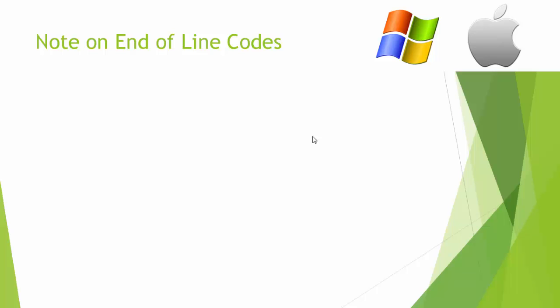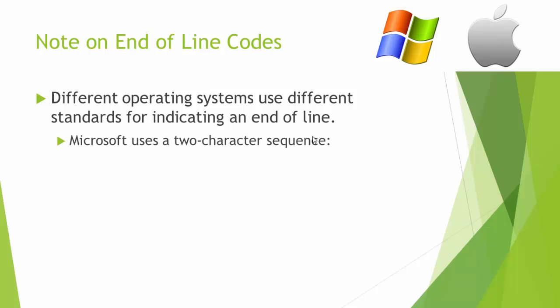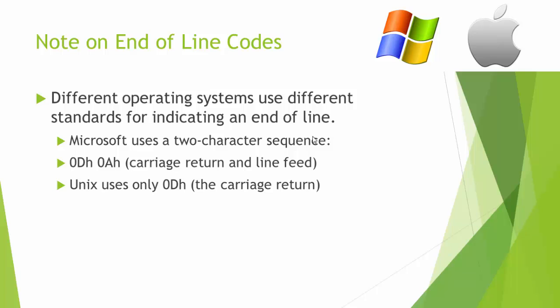Now, I included that line feed carriage return concept because it is kind of important. Unfortunately, different operating systems use different standards for indicating end of line. Microsoft uses that 2-character sequence we saw there, carriage return line feed. Unix only uses the carriage return, and oddly, Apple uses the line feed.